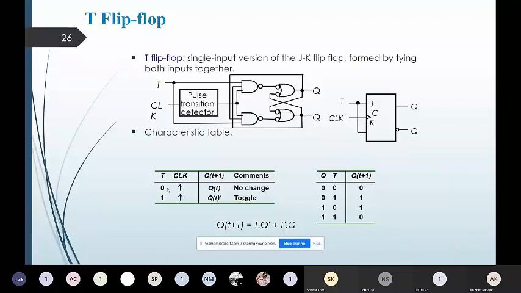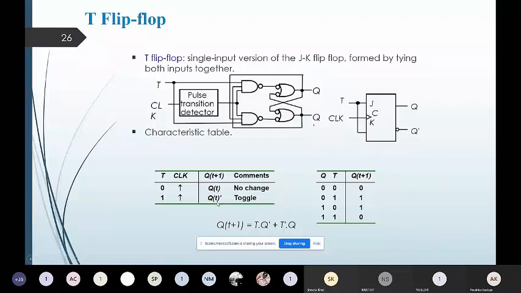If the input T value is 0, then the next state for the flip-flop is not going to change. It will remain as it is, whatever the present state is. But if the T input is 1 with the rising edge clock, then whatever the previous state is will get complemented. That means the toggle state will occur.